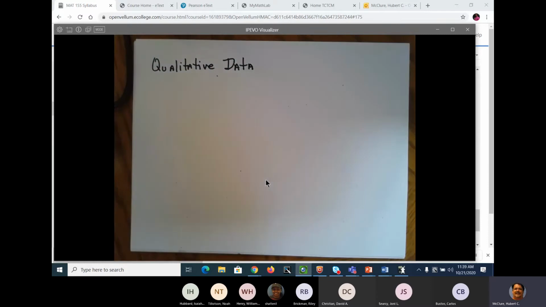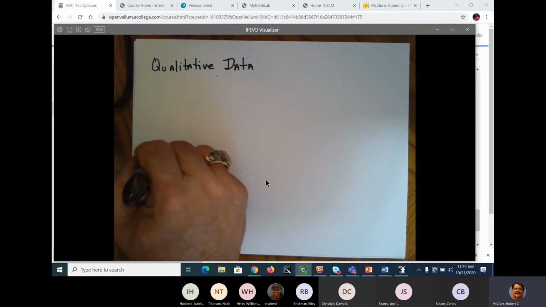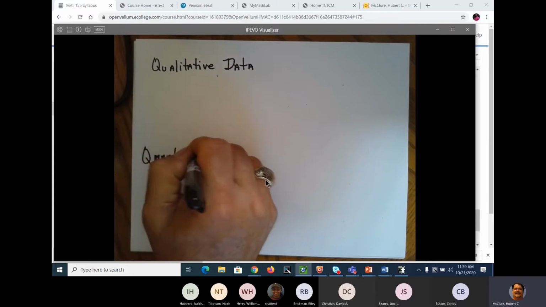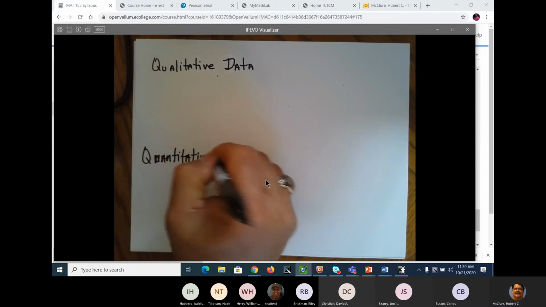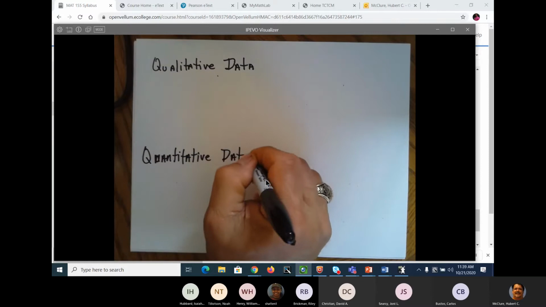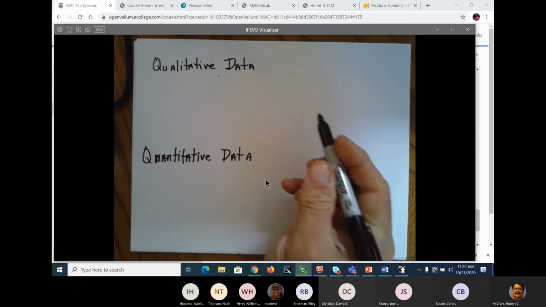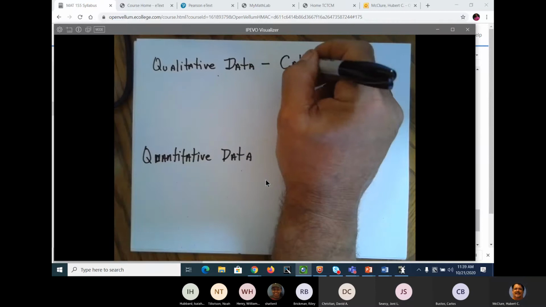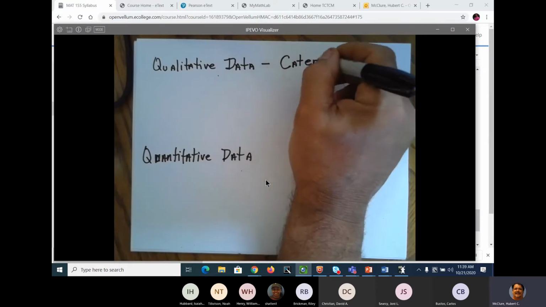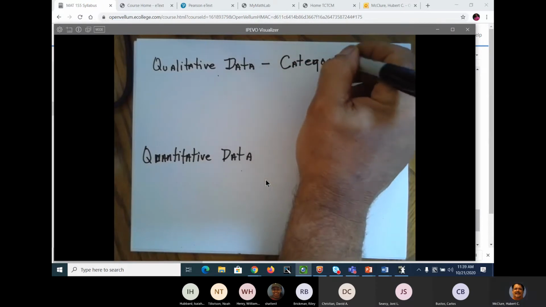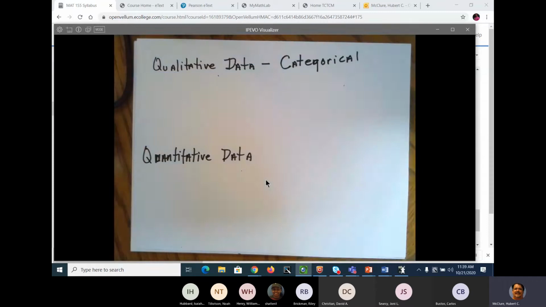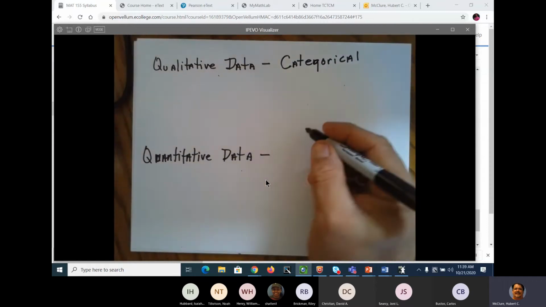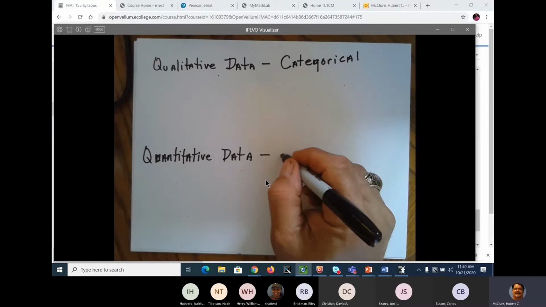And there is quantitative data. You need to write one word. Categorical, if that is a word. And for quantitative data, we're talking about meaningful numbers.